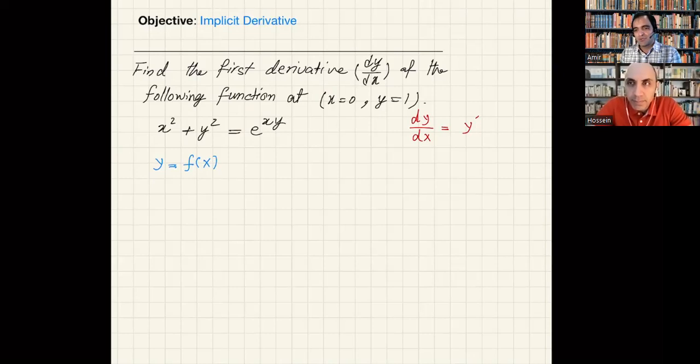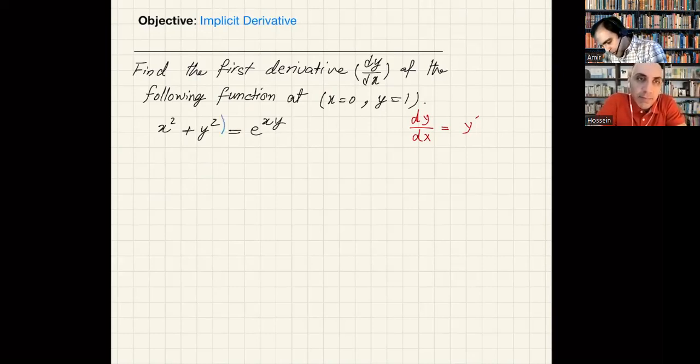It means that you still have x, for example, next to y here, and you cannot move it to the right side. So using this concept, you don't need to isolate y on one side and all the x's on the other side. Yes, we just take derivative of both sides, and then we obtain the derivative. As we proceed, it can be explicit after taking derivatives.